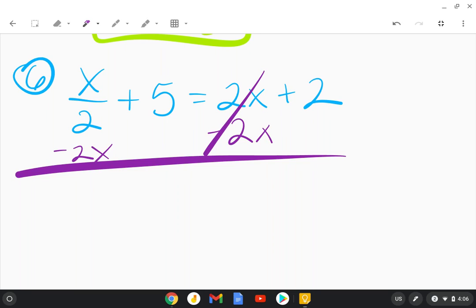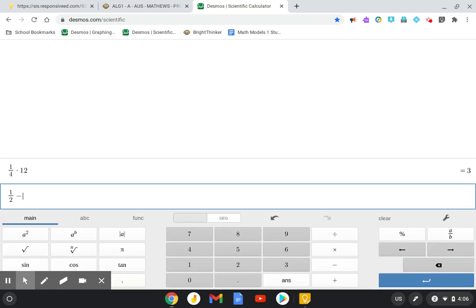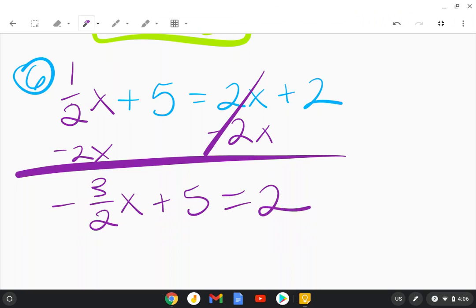Now remember, x over 2 should probably be rewritten as 1/2 x. So we have 1/2 minus 2. Come over to our calculator and we do 1/2 minus 2 ends up with negative 1.5, or negative 3 over 2, which is what we're going to use. Negative 3 over 2 x plus 5 equals 2.